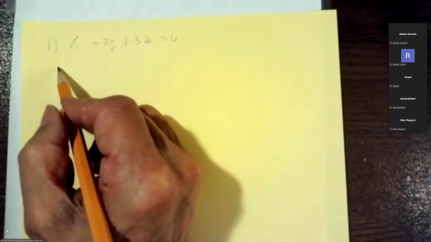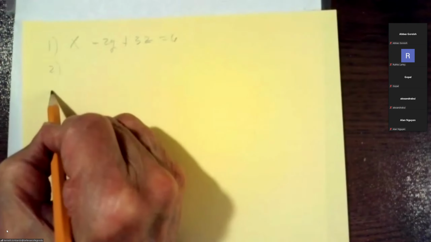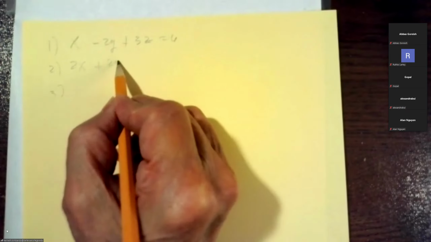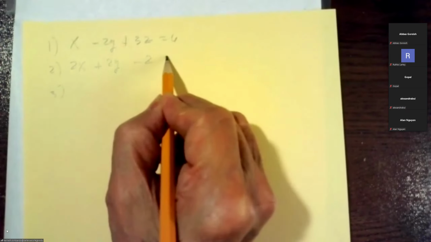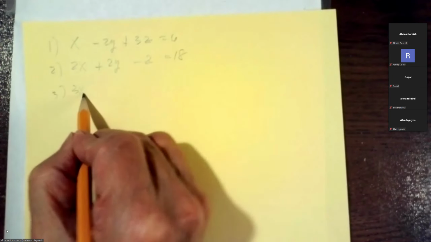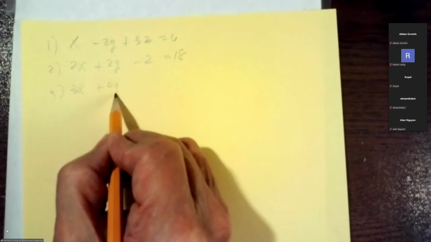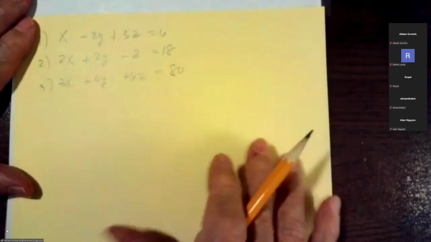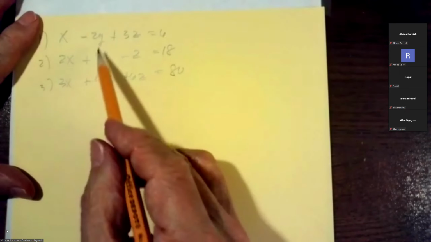There's the first equation. Second equation, 2x plus 2y minus z equals 18. And 3x plus 4y plus 6z equals 80. All right. Let's see if anything pops out.